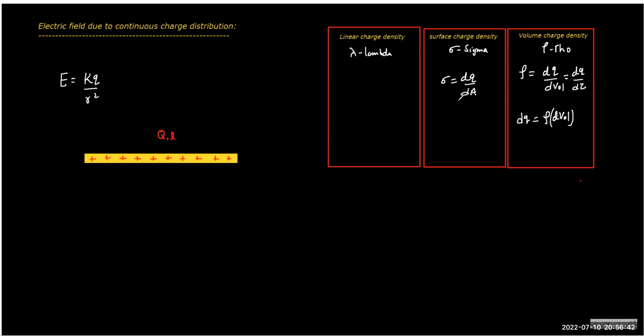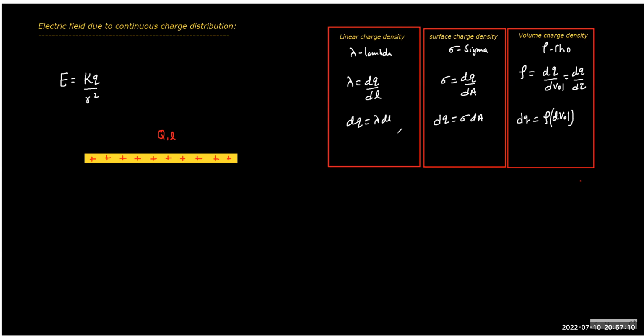If the charge is dq, the sigma of that patch is dq by dA. Therefore, in case of a surface, we prefer writing charge as sigma dA. And lambda is charge per unit length. The length you can call dl, dx, dy, whatever, and the charge will be lambda into dl.